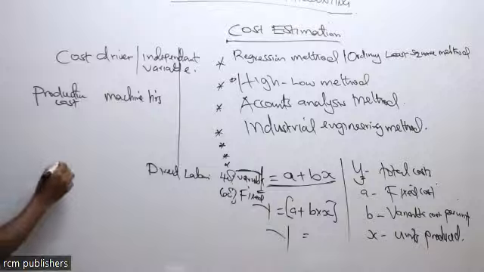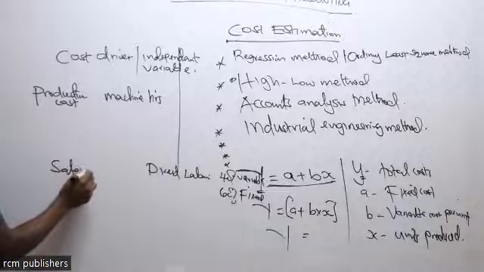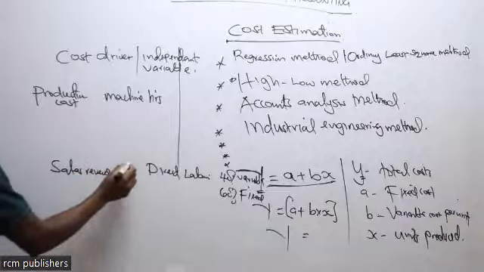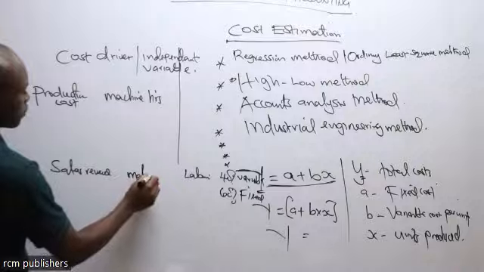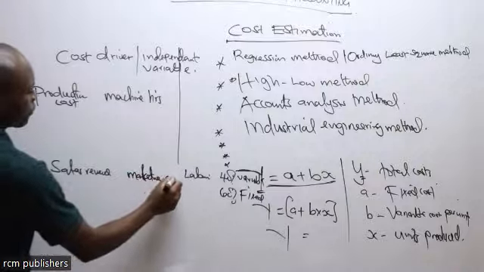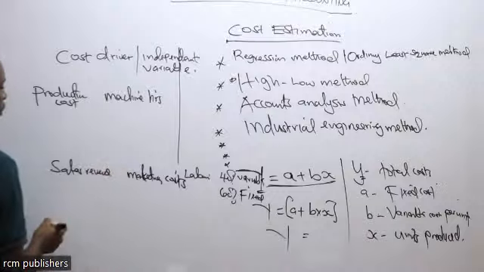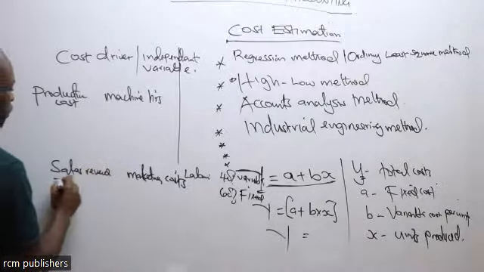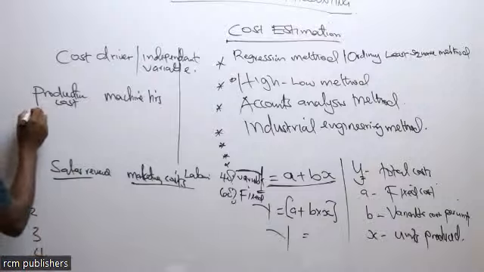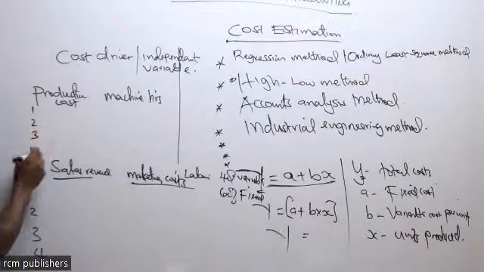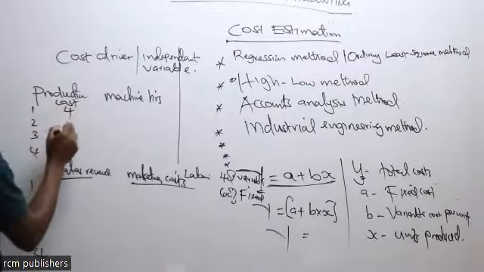We have sales revenue, and then marketing costs. So sales revenue in shillings, also marketing costs in shillings. Then you are given data even for some 3 months. You are even given for 2 years. So we have the cost here.